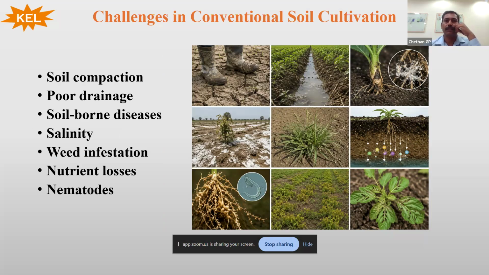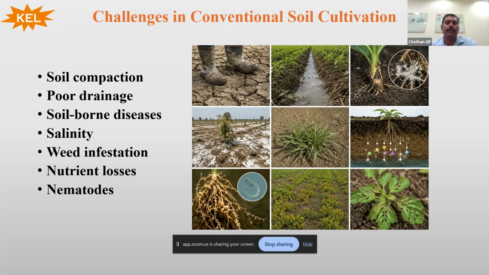Agriculture today faces unprecedented challenges. The global population continues to grow, increasing the demand for food, fruits, vegetables, and ornamentals. At the same time, the amount of cultivable land available per person is steadily decreasing due to urbanization, industrial development, and infrastructure expansion.